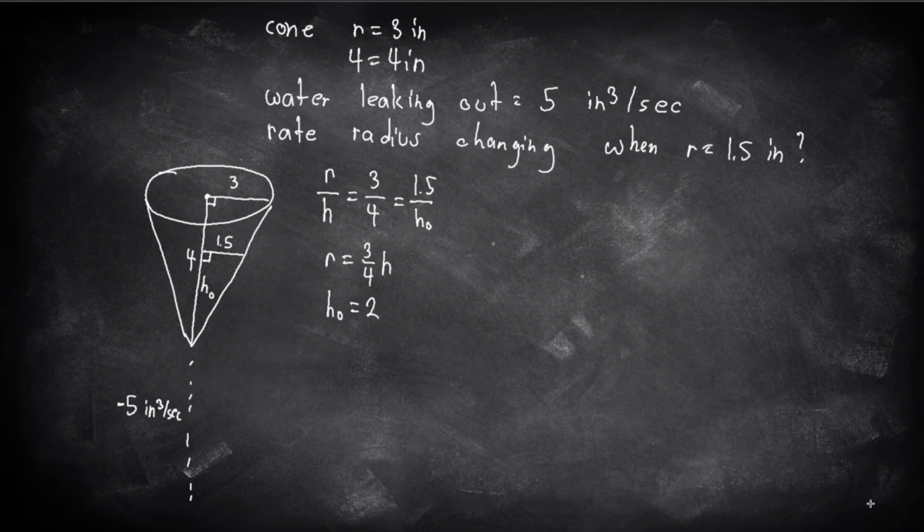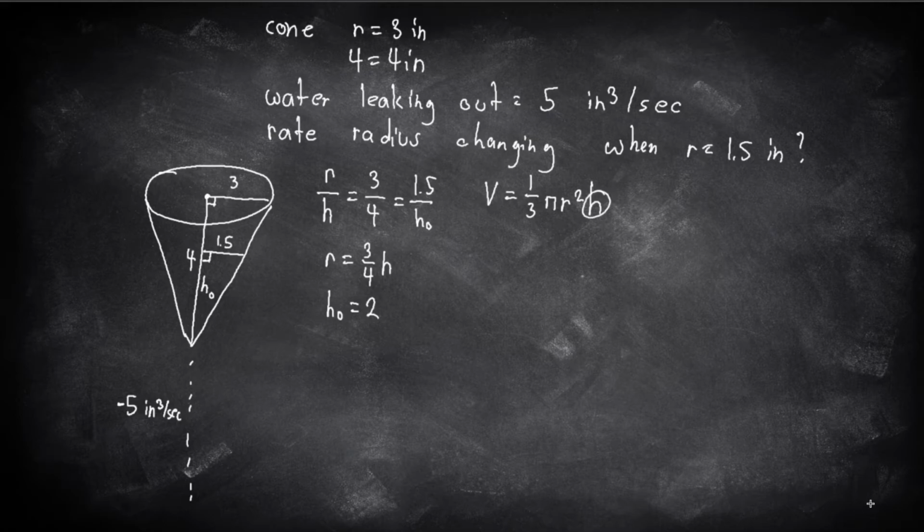Okay, now how do we find the amount of water in the cone? Well, we just use the formula for volume. So volume is 1/3 pi radius squared times height. We're dealing with two variables, but we only want to find the radius, so we need to cancel out this height. We know the ratio between radius and height, so let's substitute that in.